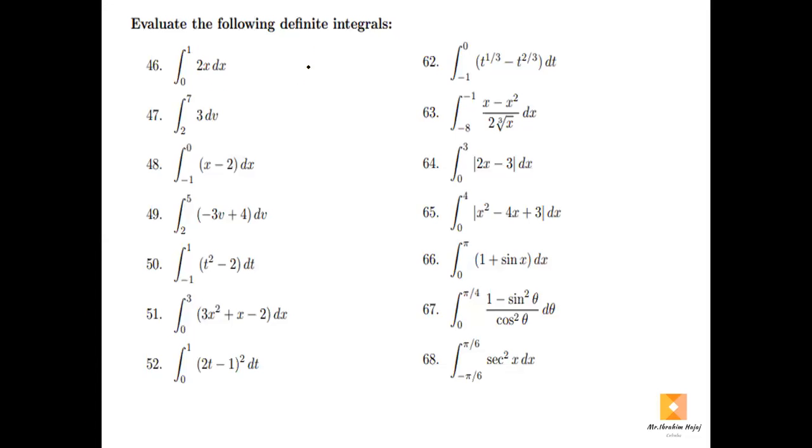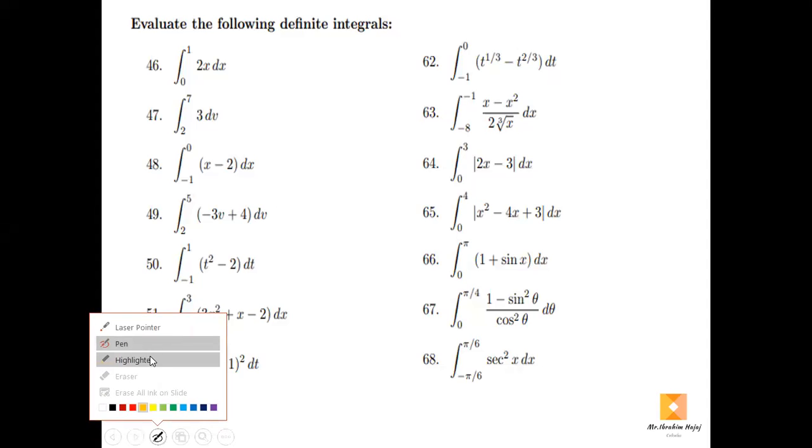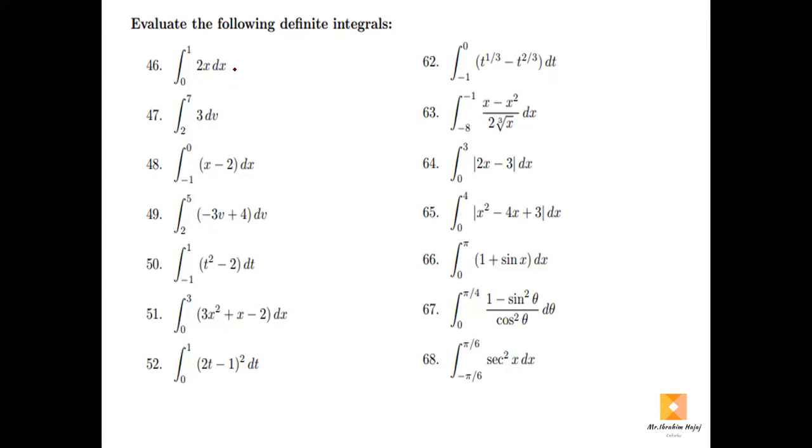In question 46, it's easy here, so let us solve it here. 2x to the power of square over 2, cubed over 3, squared over 2, from 0 to 1. Which is 1, and at 0 the answer is 1. So 47, 3v is the integral from 2 to 7, and the answer is 21 minus 6 equals 15.